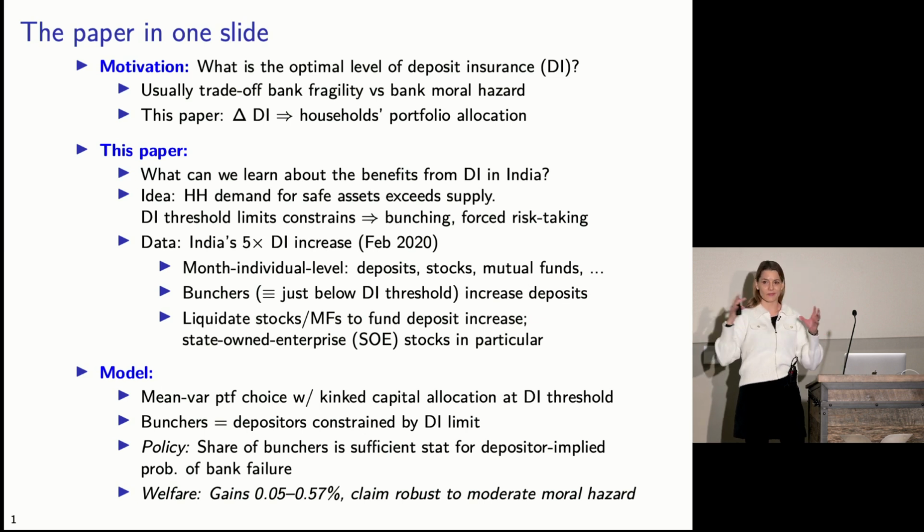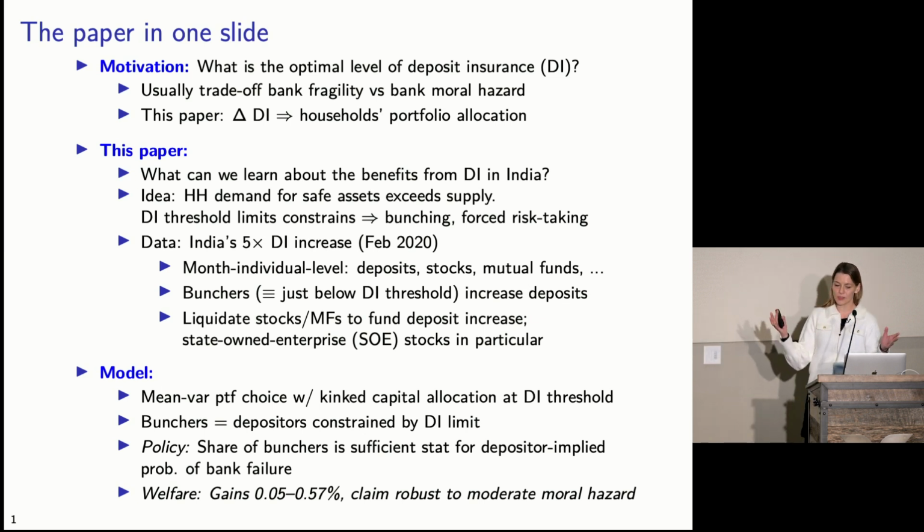And so this is a mean variance portfolio choice framework with a kinked capital allocation at the deposit insurance threshold. And in that framework, you can define bunchers again as depositors that are constrained by this deposit insurance limit.